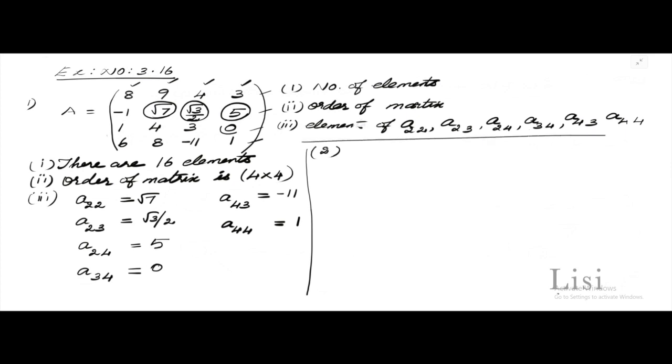I'll do the second one, ma. If a matrix has 18 elements, what are the possible orders it can have? So, if number of elements are 18, what are the possible orders? Very simple.